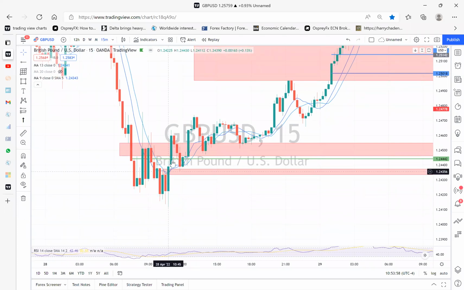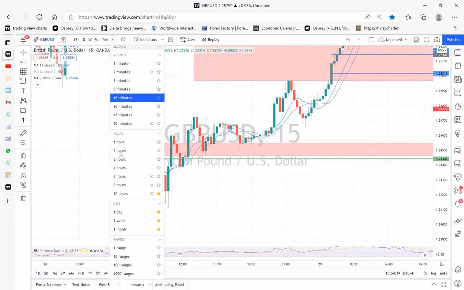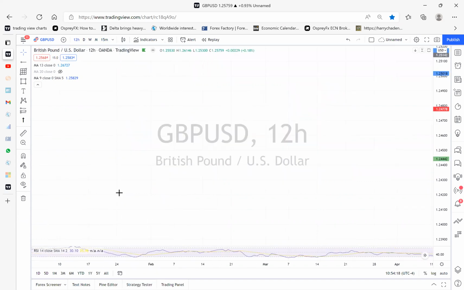So price comes right back to this imbalance because it needed to be mitigated, right? So that's why this would be your point of interest. Much like this, this is 12-hour. I wish I wrote this down.